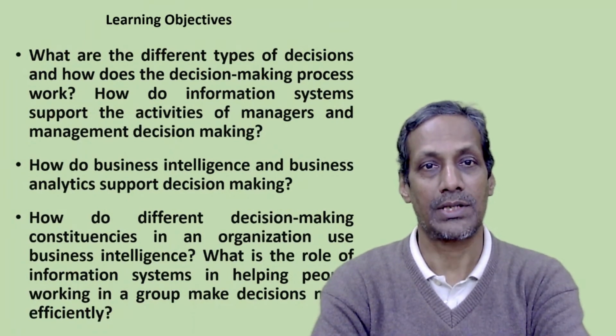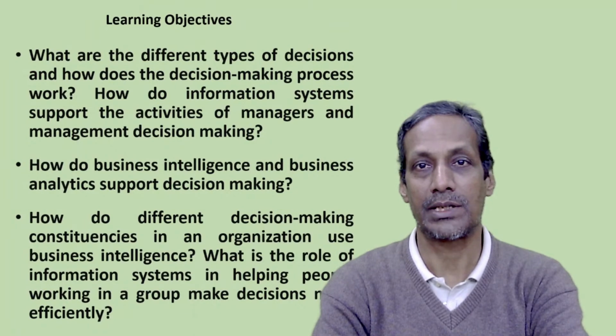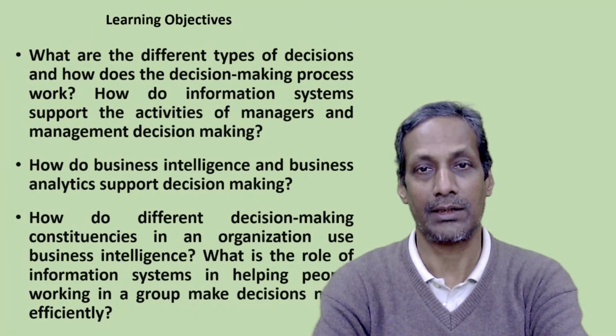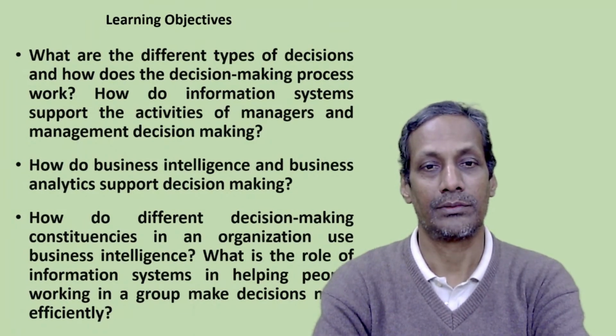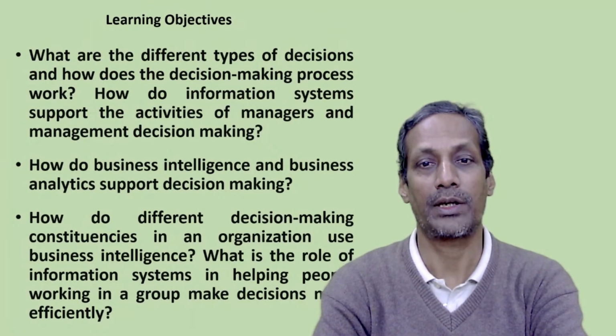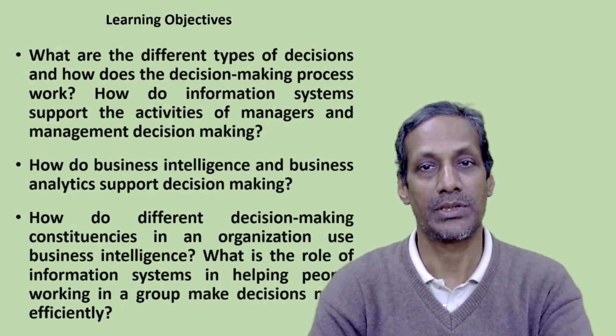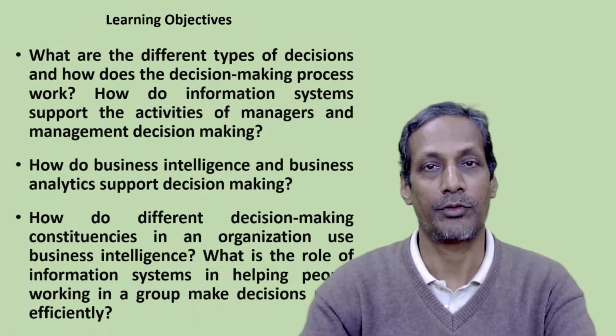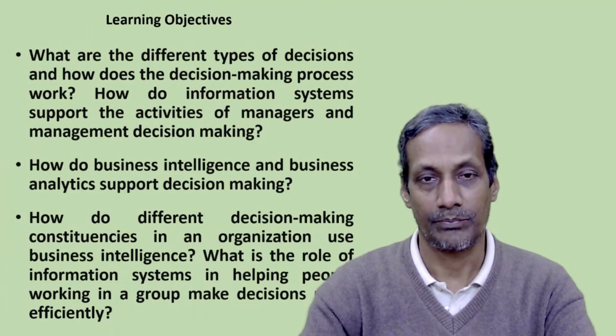The second one is how do business intelligence and business analytics support decision making. The third objective of today's first session is how do different decision making constituencies in an organization use business intelligence. What is the role of information systems in helping people working in a group make decisions more efficient?